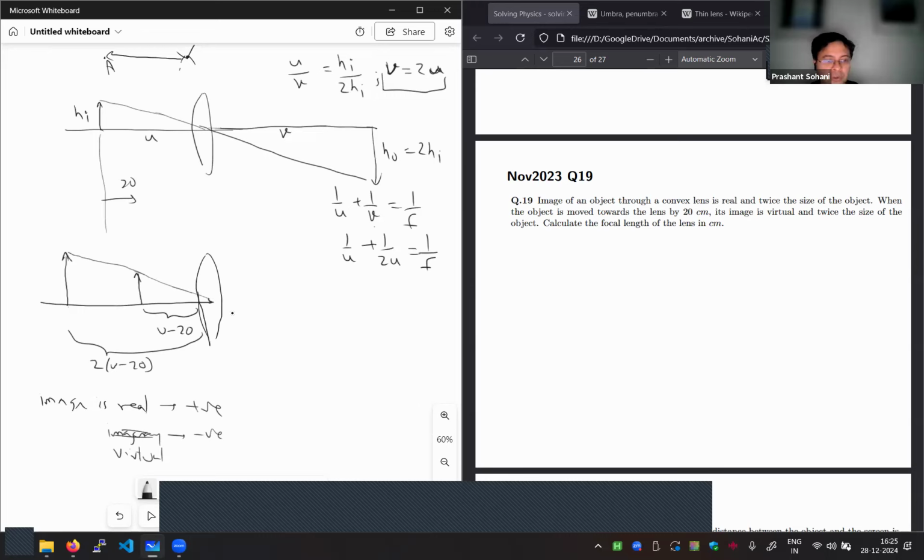So virtual images should have a negative sign. So if the magnitude of this distance is 2 times u minus 20, when I write the lens equation, 1 upon u plus 1 upon v, when I'm writing v, I have to remember the sign has to be flipped. So I'll write it as 20 minus u.